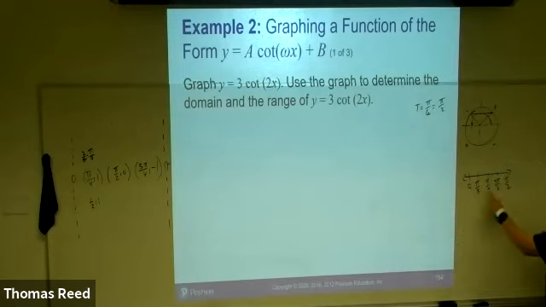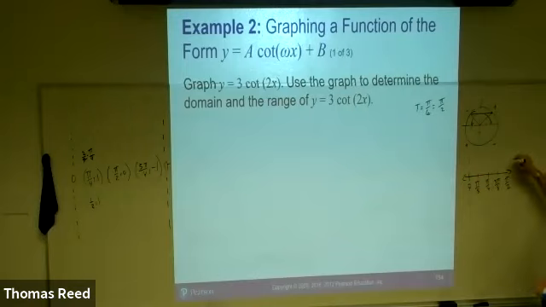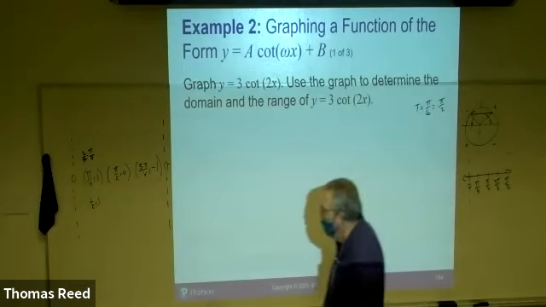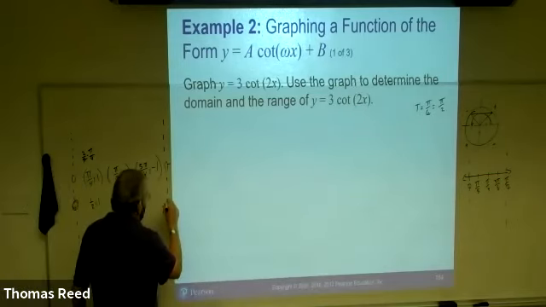So these are my 5 key numbers on my axis. The vertical asymptote at 0 remains, and now my other vertical asymptote got moved from pi down to pi over 2.